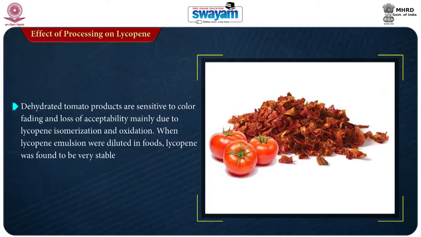Now, dehydrated tomato products are sensitive to color fading and loss of acceptability mainly due to lycopene isomerization and oxidation. When lycopene emulsions were diluted in the food, lycopene was found to be very stable.